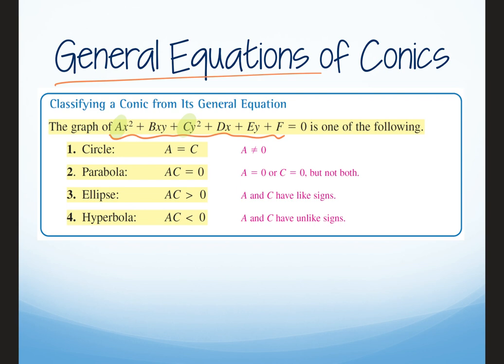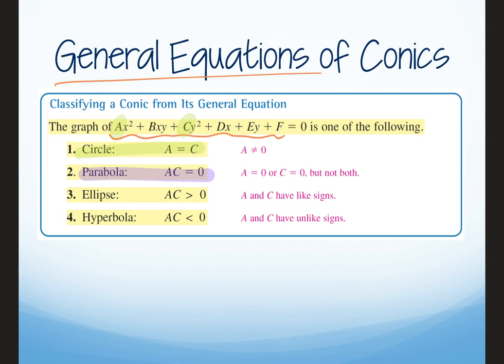If A equals C, it's a circle. If you think about it, they'd have the same coefficient, so if I divide by it, it's going to go away. If A times C equals 0, then it's a parabola. That means one of them doesn't exist. You don't have a y squared or you don't have an x squared. To me, you don't even need the A times C equals 0. Look at your equation. Do you only have one squared term?